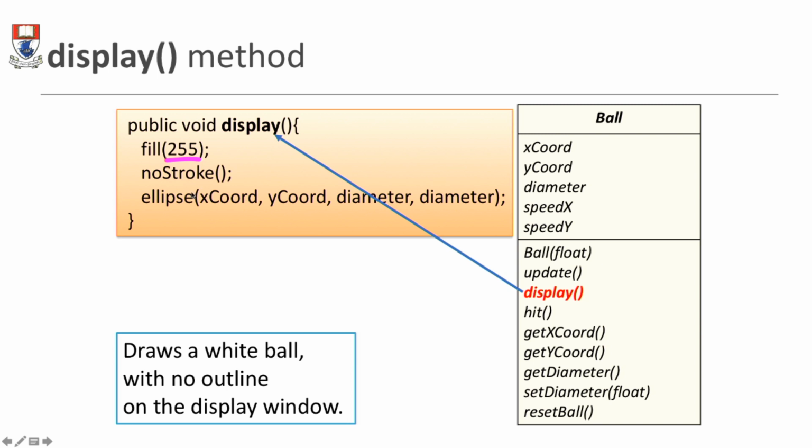There was no color around the ball, so it has no stroke. And we're drawing a circle, and we draw the circle by using the ellipse method, specifying the X and Y coordinates, and the width and height are both the same, which is the diameter field that we're going to use. So nothing too difficult there, it's all stuff we've seen before.